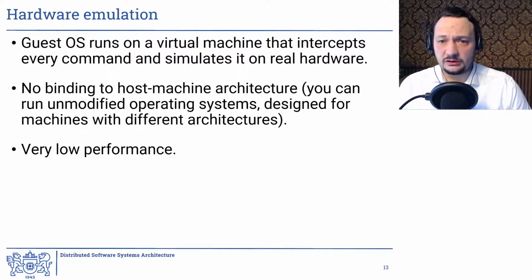There is no binding to the host machine architecture, so you can run unmodified operating systems designed for machines with different architectures. For example, you can run an ARM operating system on an x86 processor, because there is no connection to the basic architecture.